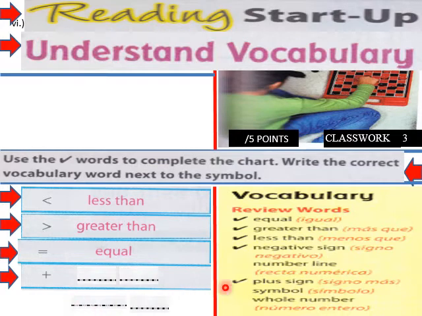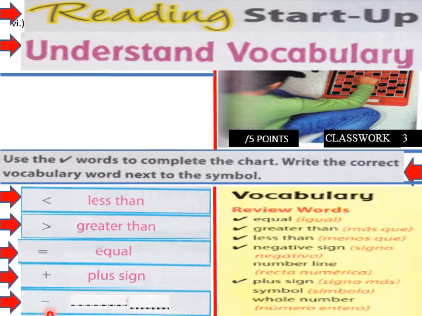And then this here is, of course, the addition sign or the plus sign. And this sign here is the subtraction sign or the negative sign. Or yeah, I guess that'd be negative sign. So here's your vocabulary here as it is assigned to these different mathematical symbols here.